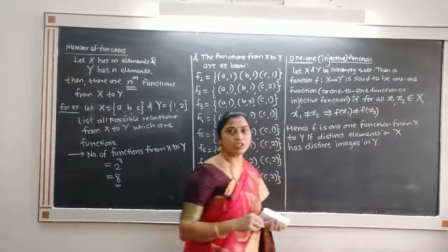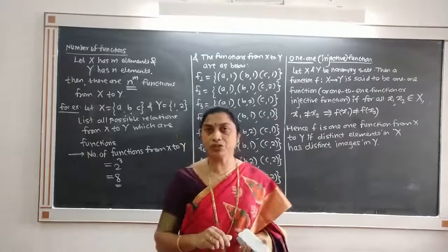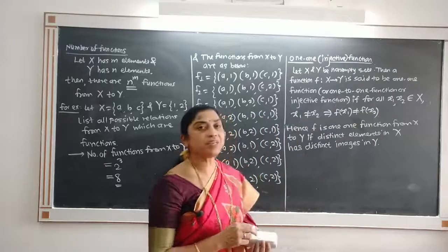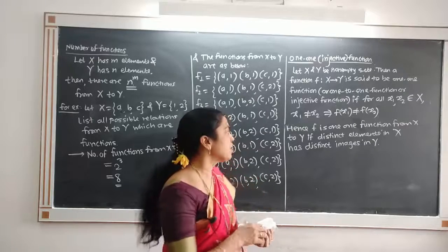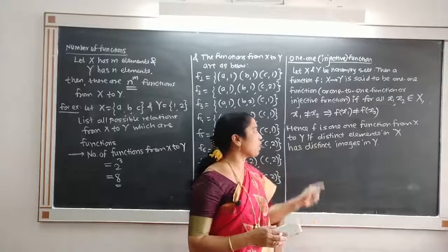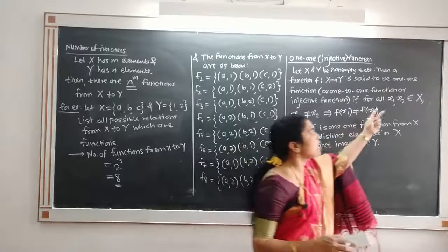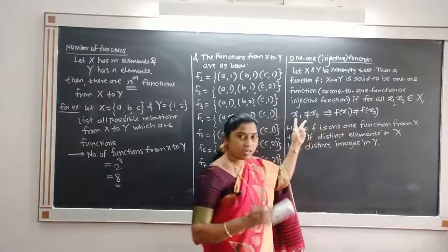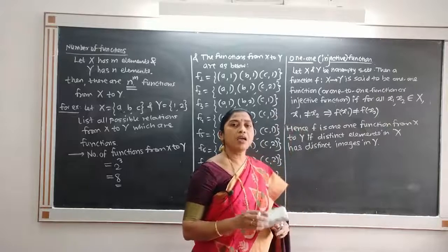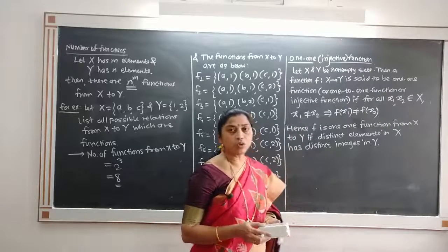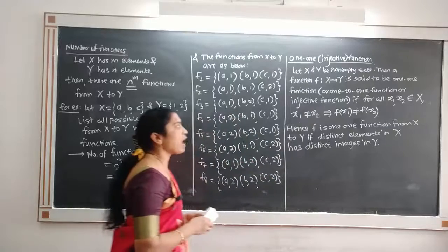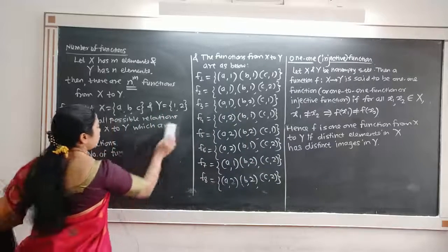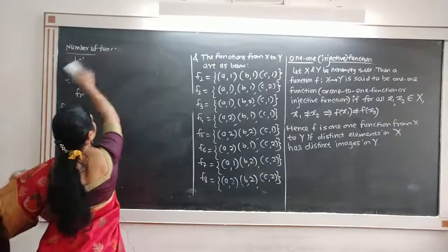Then that function is known as 1-1 function. Distinct elements in x must have distinct images in y. Or in other words, start with any two elements x1 and x2 in x which are not equal, and prove that f of x1 is not equal to f of x2. We say that the function is 1-1 function.